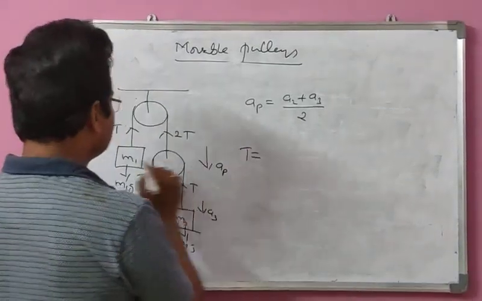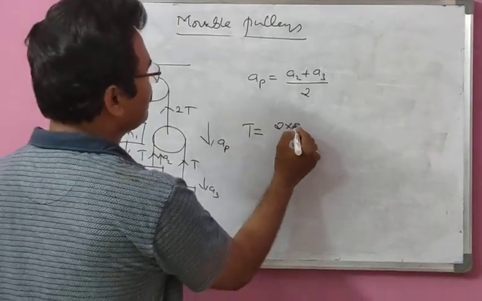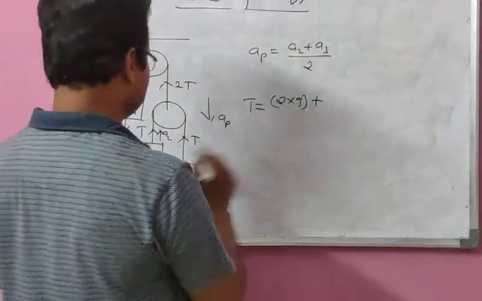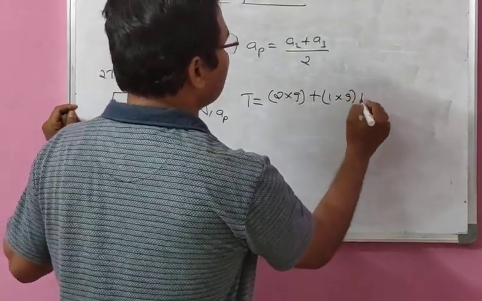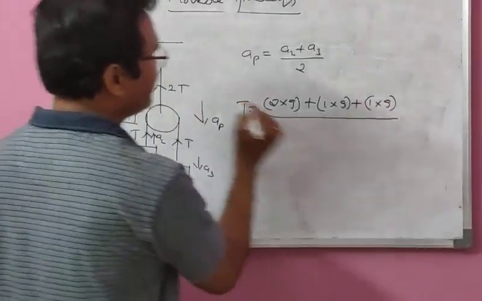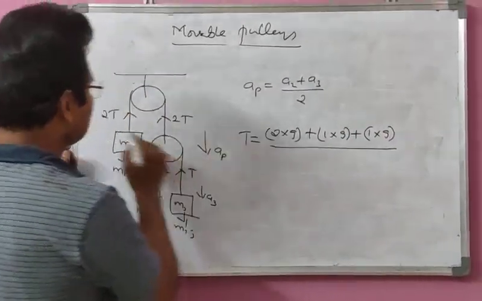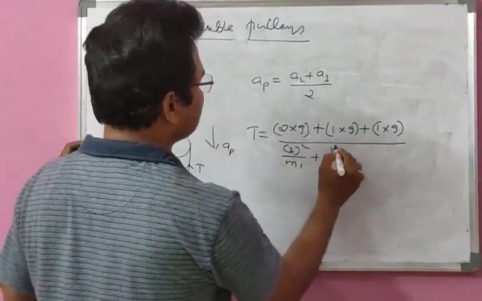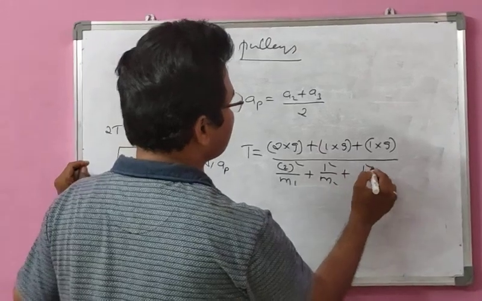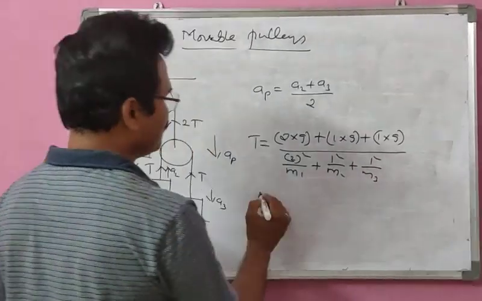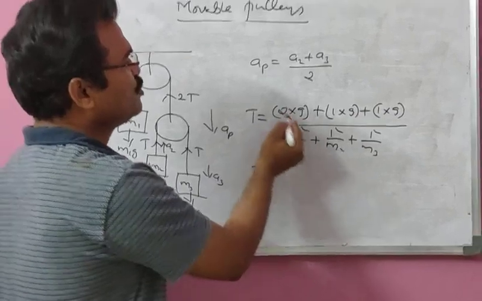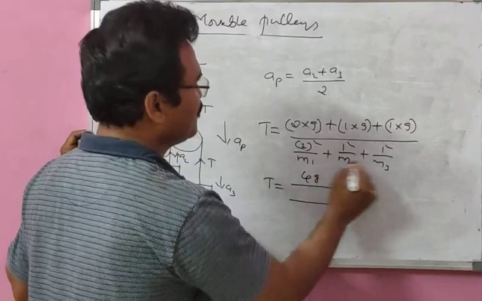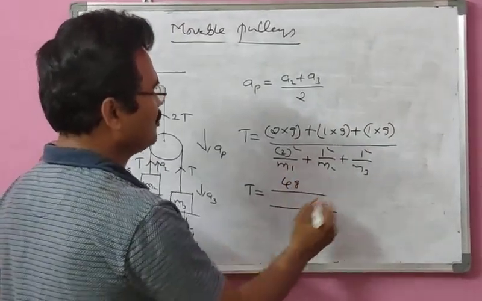So I can write the first one, 2 into g plus 1 into g, and also 1 into g, divided by 2 squared by M1 plus 1 squared by M2 and 1 squared by M3, because the coefficient is 2 squared. In the numerator we get 2g, which becomes 4g, and the denominator gives M1, M2, M3.